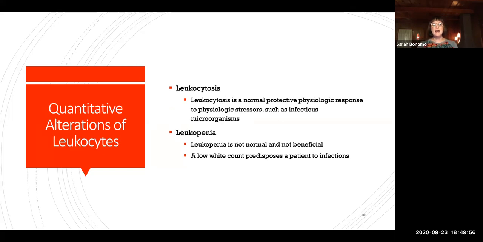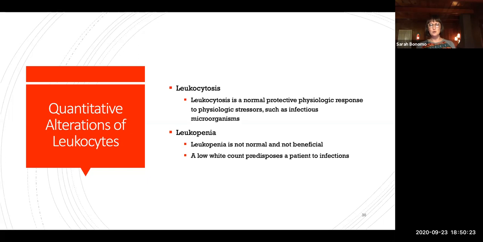So when we have a problem in the quantity of leukocytes, that could be either too many or too few, we want to pay attention to that. When we see leukocytosis, we are talking about what you see when you have an elevated white blood count in the presence of something like infection.